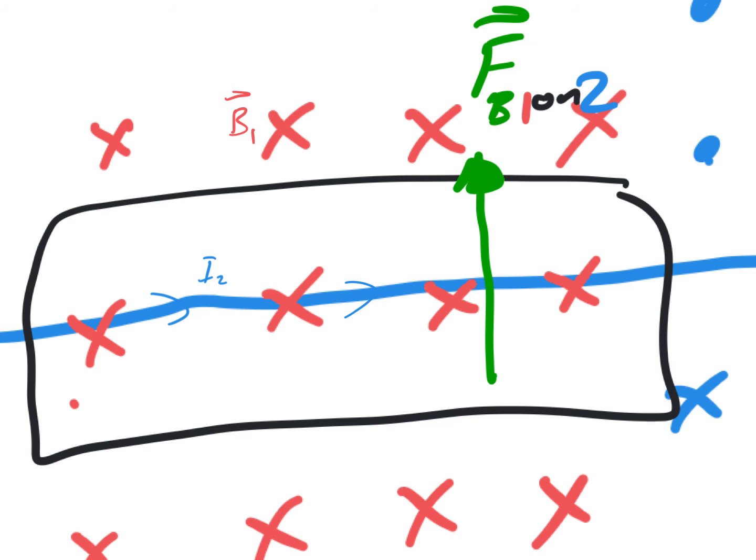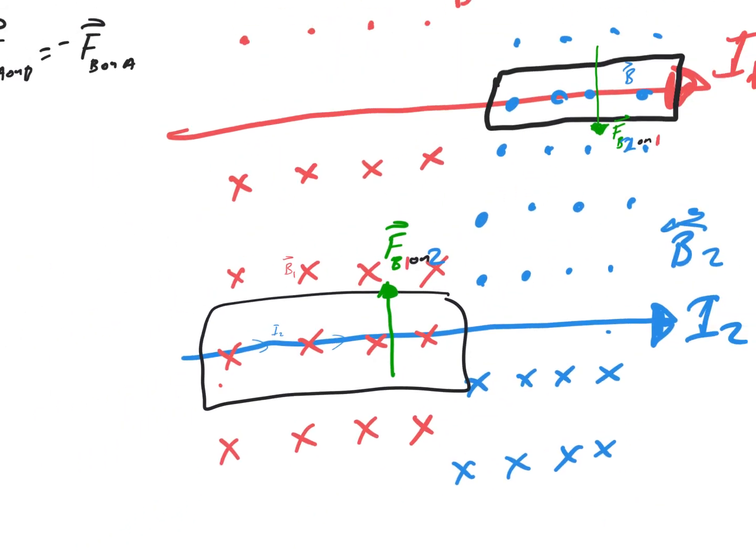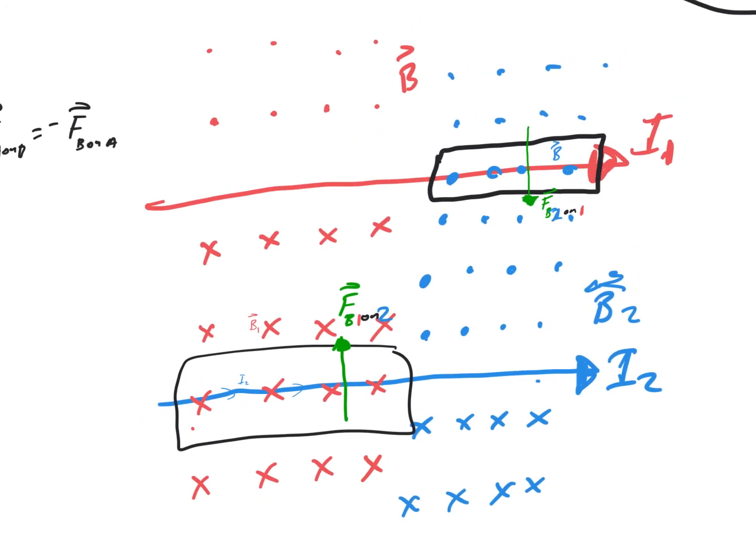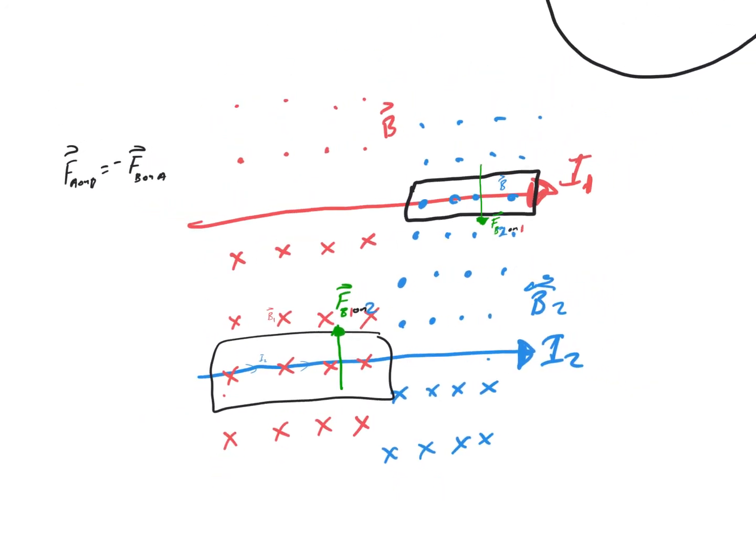So, using our right-hand rules, we had to use both the sources and forces right-hand rules to get this one right. We get this interesting result.